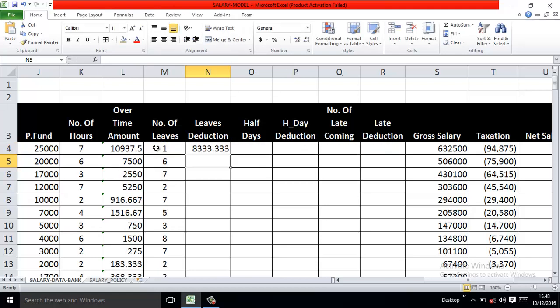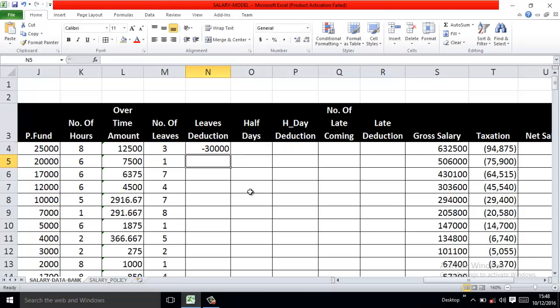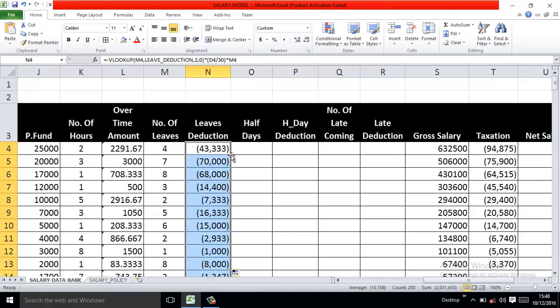So getting this one, usually we show the deduction in parentheses in accounting or finance format. So I have to apply a negation here and then click on the comma style for the accounting representation. So I'm getting it here.